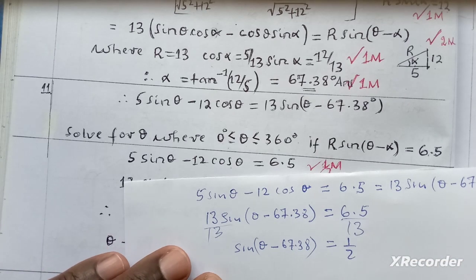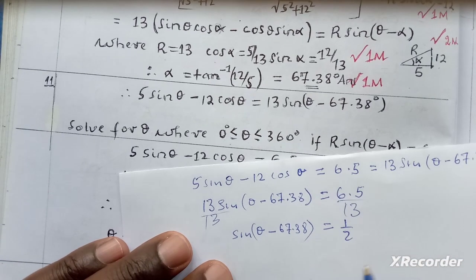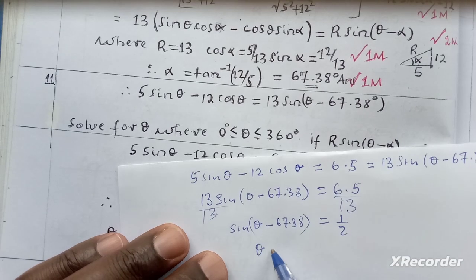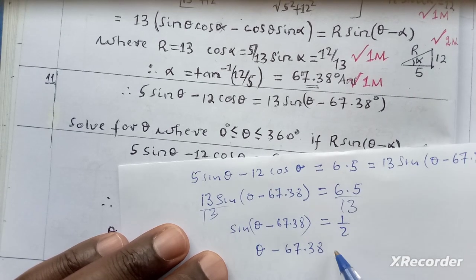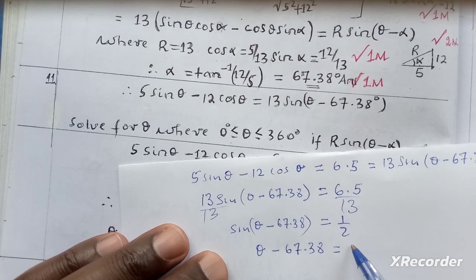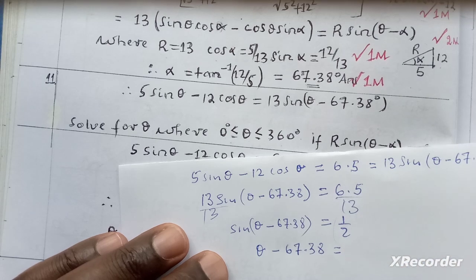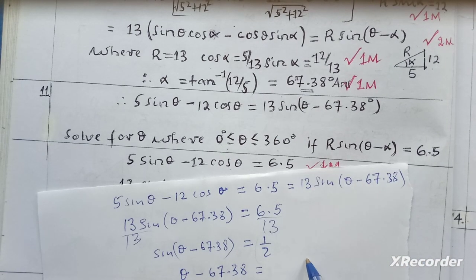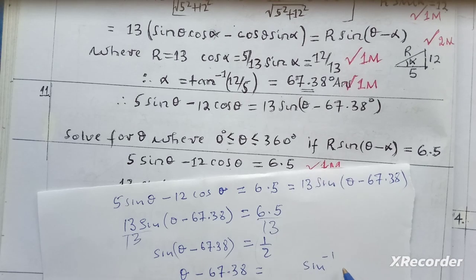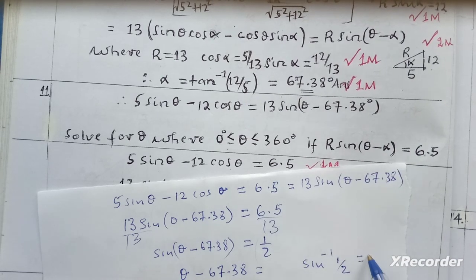So we say theta minus 67.38 is equal to sine inverse of a half, which gives us 30.